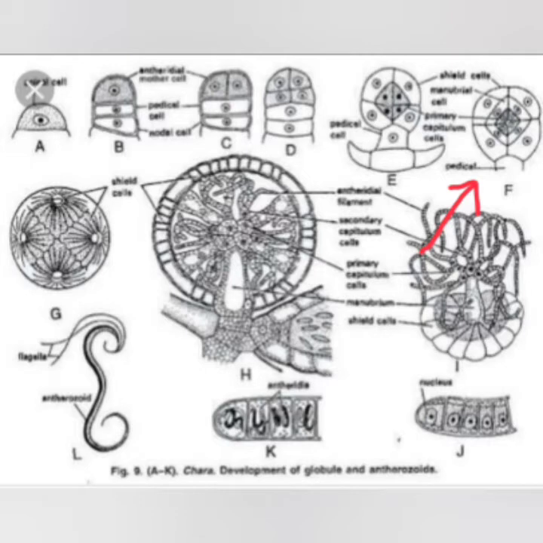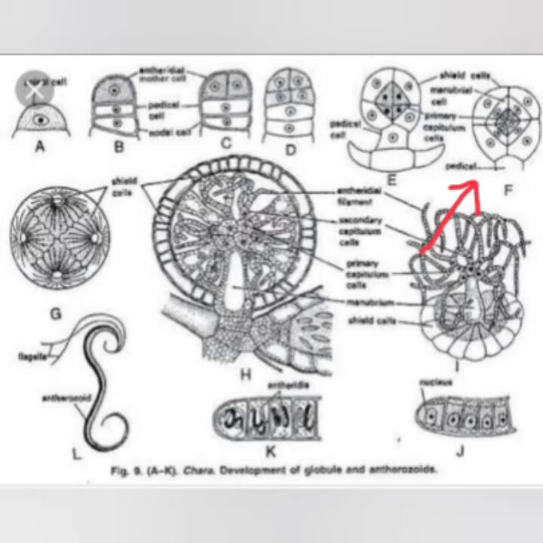In the globule, in the antheridium, due to the division of the antheridial mother cell, it will finally give rise to three layers of eight cells. The cells of the outermost layer, these eight cells, will transform into shield cells.